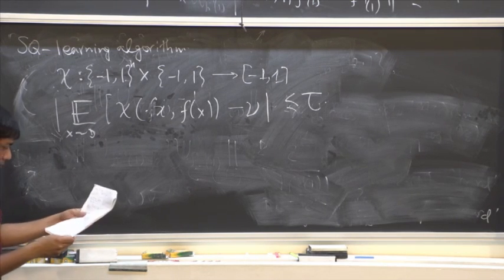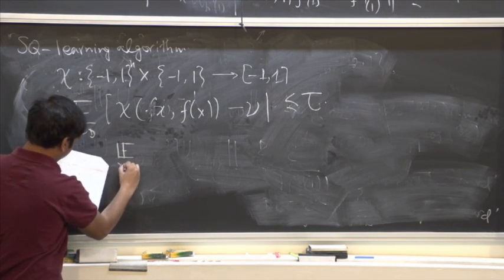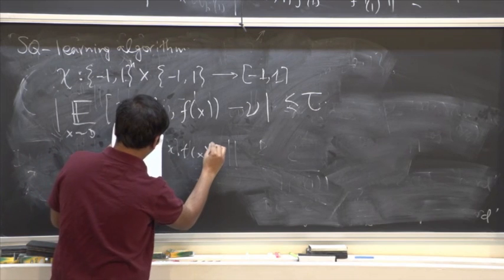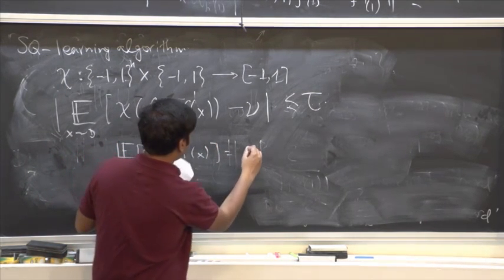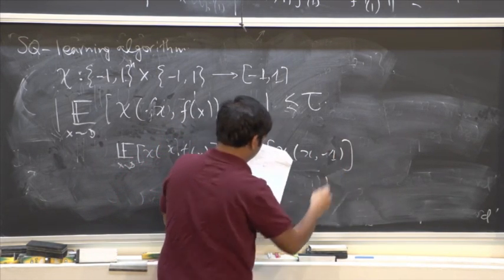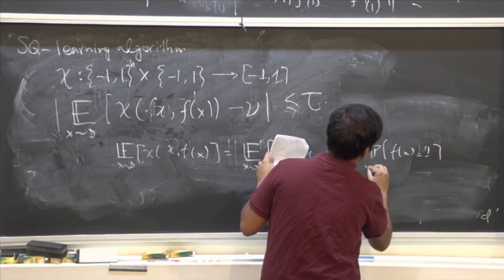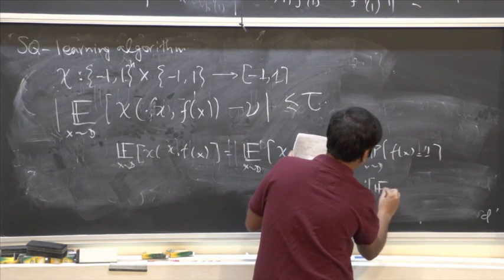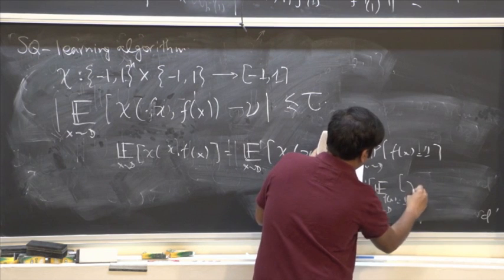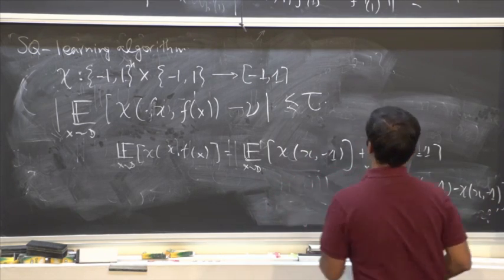And the reason is the following two lines really. It is equal to expectation of x in D of chi(x, -1) plus probability f(x) equals 1 under x in D times expectation over x in D with f(x) equals 1 of chi(x, 1) minus chi(x, -1).